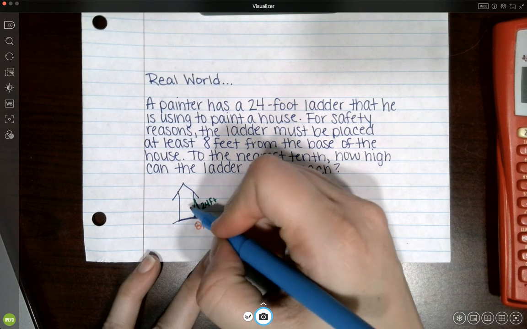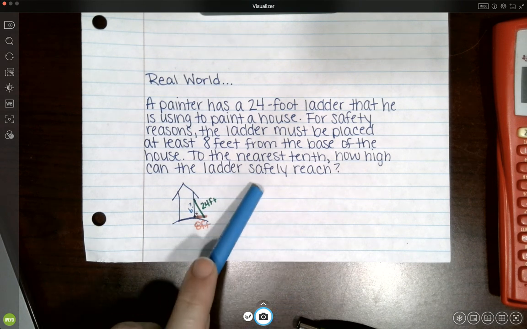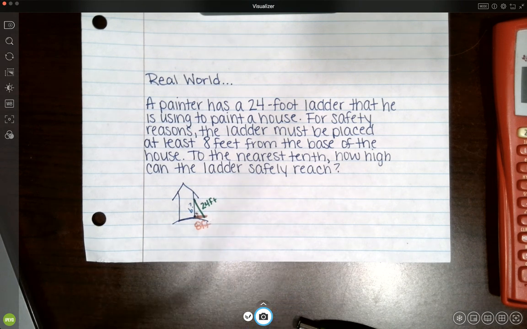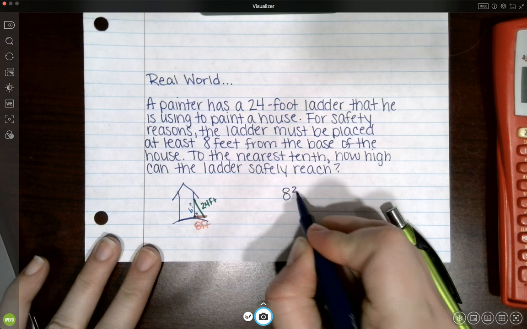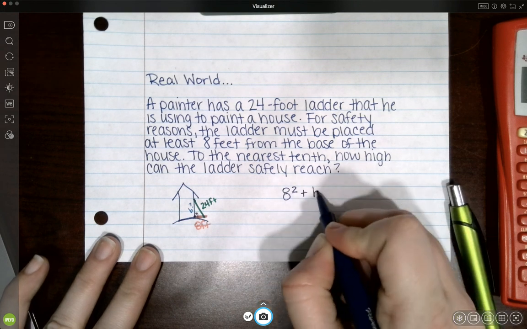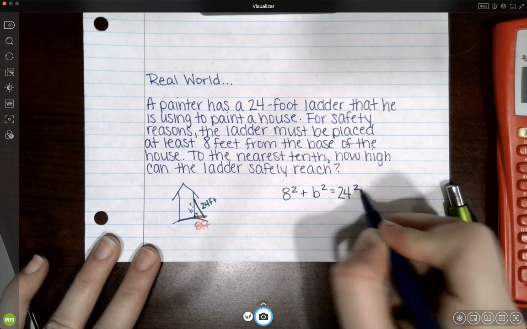Because I don't know what this leg is, that's how I know where I need to plug in my information. Just because there are all these words doesn't change how I solve in any capacity. So I would have my 8 squared, my distance away from the house, plus my unknown reaching height equals my 24-foot ladder squared.